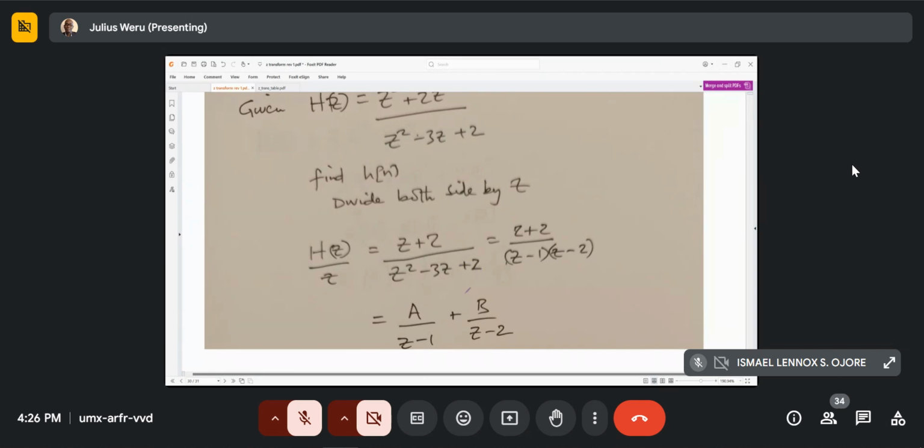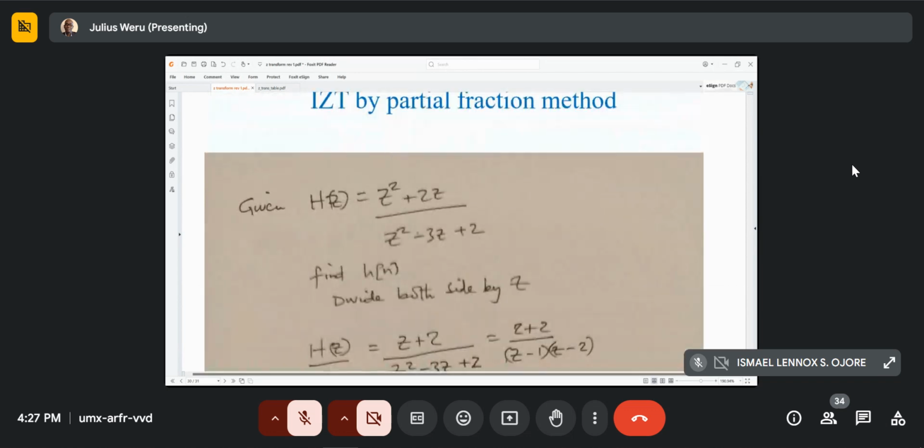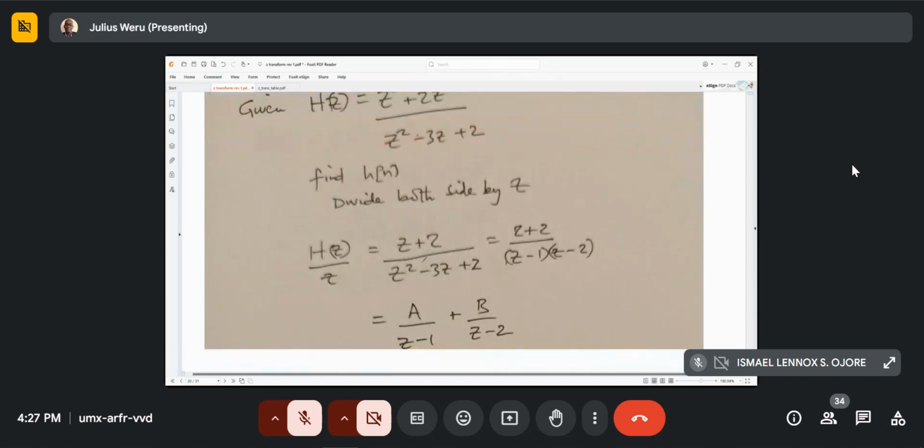Because sometimes you can be asked to design a filter whose transfer function is expressed as a function of S, and you have to do some bilinear transformation to get to Z. So you have divided by Z. If you divide by Z, what you're going to get is Z plus 2 over this, and this works out to Z minus 1 times Z minus 2.